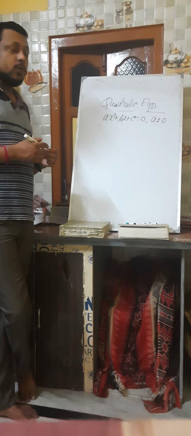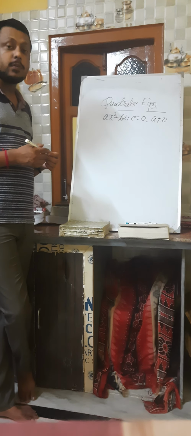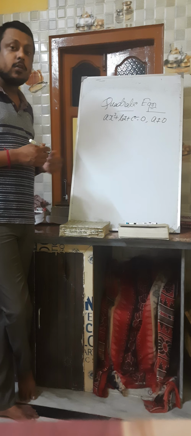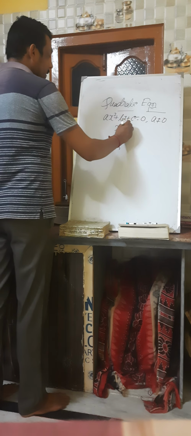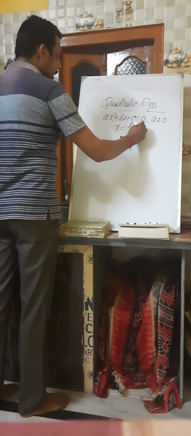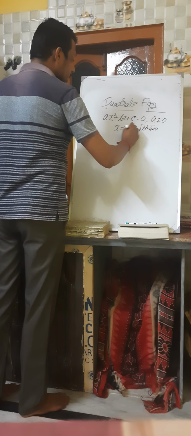Now, if you try to recall how to find the roots of the quadratic equation, there is a well-known formula called the quadratic formula, and by using this formula you can find the roots, or the zeros, as minus b plus minus under root b square minus 4ac by 2a.